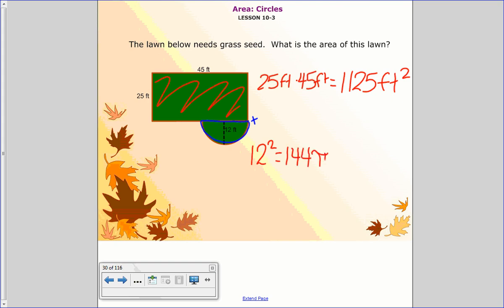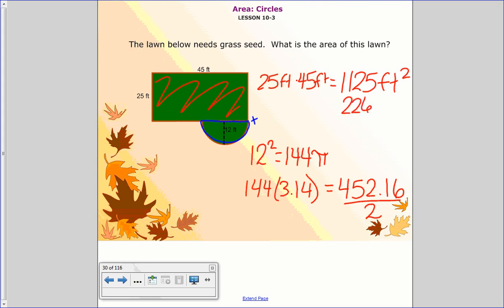And again, you can times that right away by 3.14, because we can't just leave it like that. And I get 452.16. But again, it's only half of a circle, so I have to divide it by 2. And you end up with what we just did the last time, 226.08 feet squared.